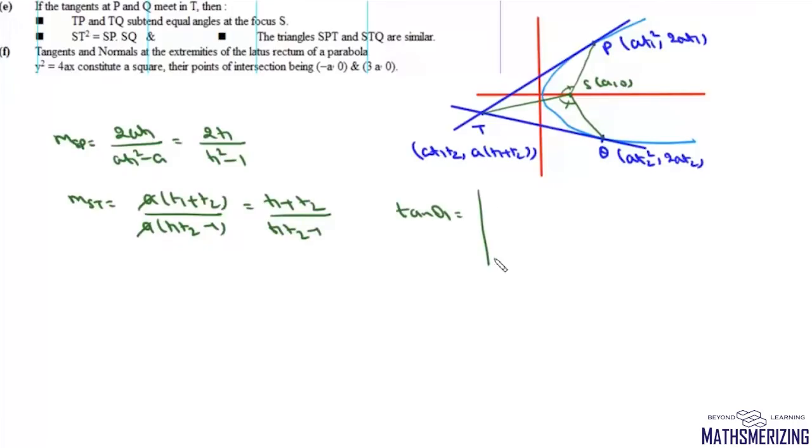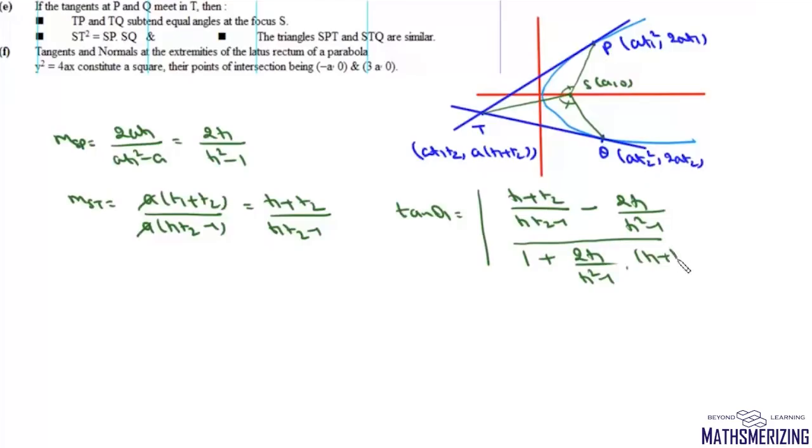So tan theta 1 will be (m2 minus m1) upon (1 plus m1m2), which in this case is (t1+t2) upon (t1t2 minus 1) minus 2t1 upon (t1² minus 1), upon 1 plus 2t1 upon (t1² minus 1) times (t1+t2) upon (t1t2 minus 1).